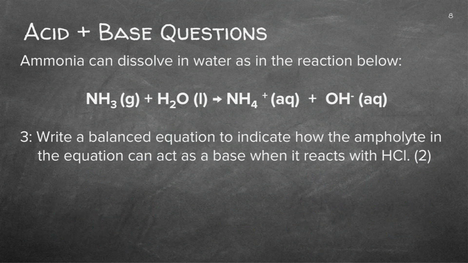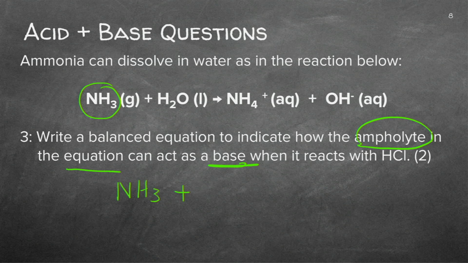A third question, write a balanced equation to indicate how the ampholyte in the equation can act as a base. Now, which of these can act as a base? You know I've got NH3 there. It can actually react with HCl, or in this case water, and form NH4+.